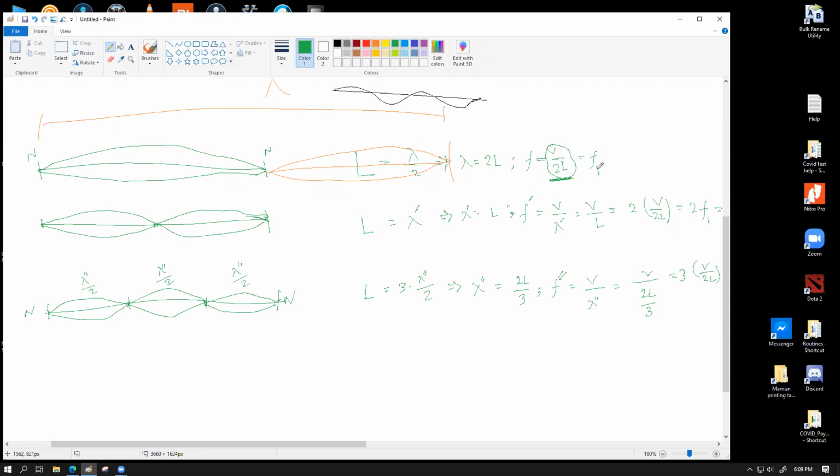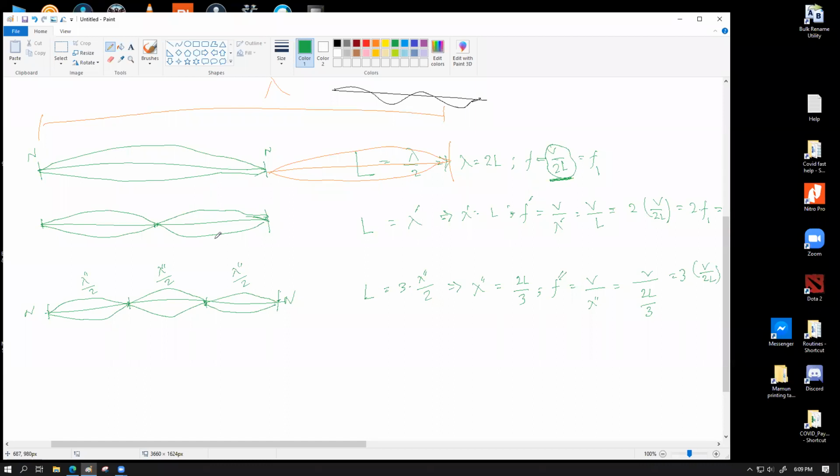For example, let's say if this frequency is 100 hertz, the next stationary wave that can be produced is 200 hertz. The next is 300 hertz. You cannot have all the frequencies in between. You cannot have 150 hertz, or 120 hertz. The value of your frequency will always go in whole multiples of that value.